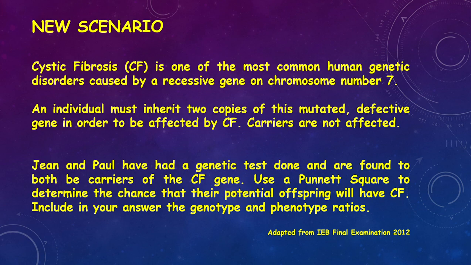Carriers are not affected. Jean and Paul have had a genetic test done and are found to both be carriers of the cystic fibrosis gene. Use a Punnett square to determine the chance that their potential offspring will have cystic fibrosis. Include in your answer the genotype and phenotype ratios.